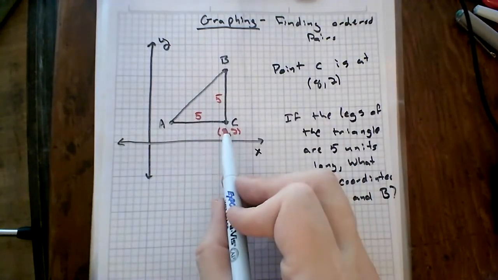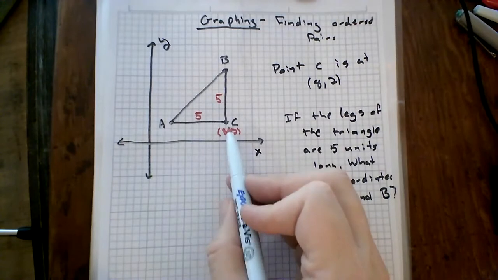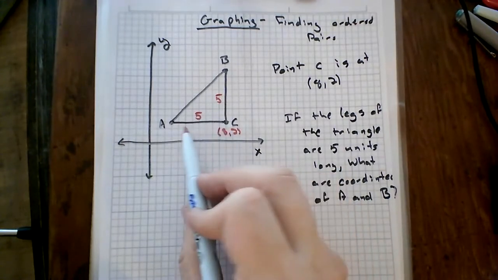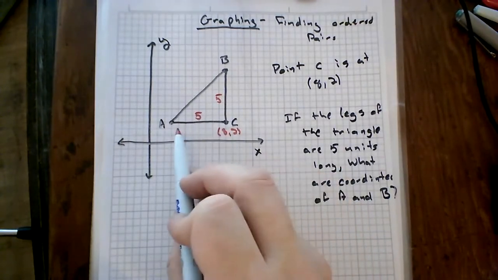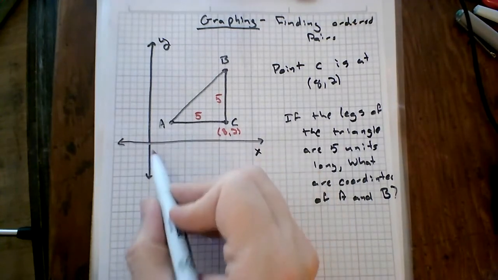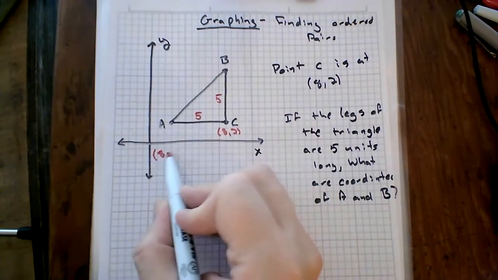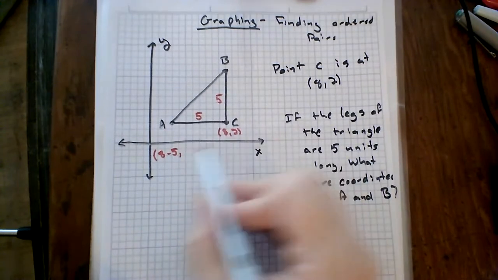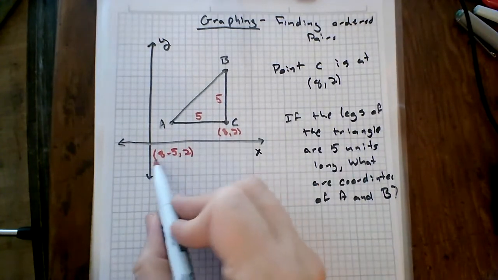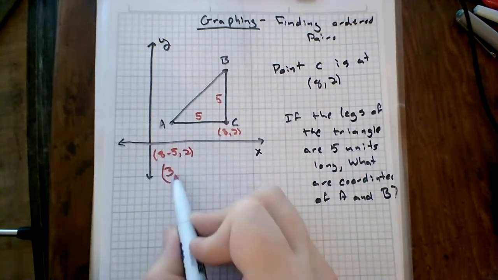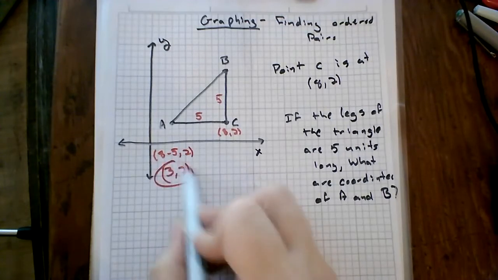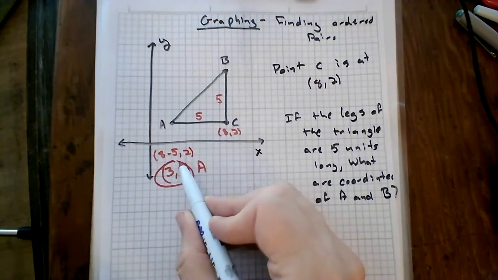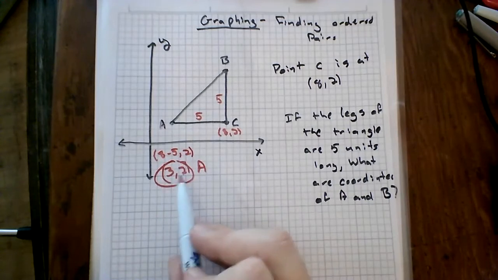So what I would be doing here is subtracting 5 from the x. So this point would be 8 minus 5, and the y value stays the same. So 8 minus 5 would be a 3. So this is 3, 2. So the coordinate for my A would be 3, 2.